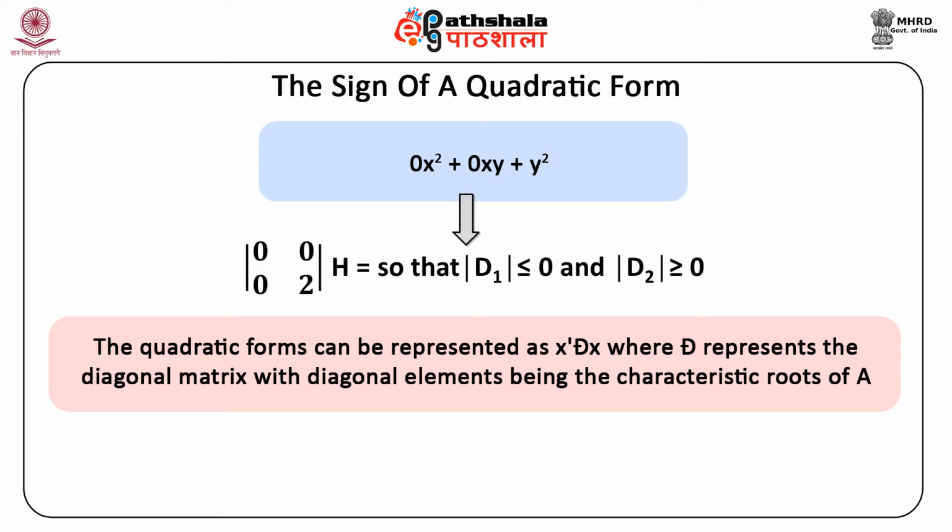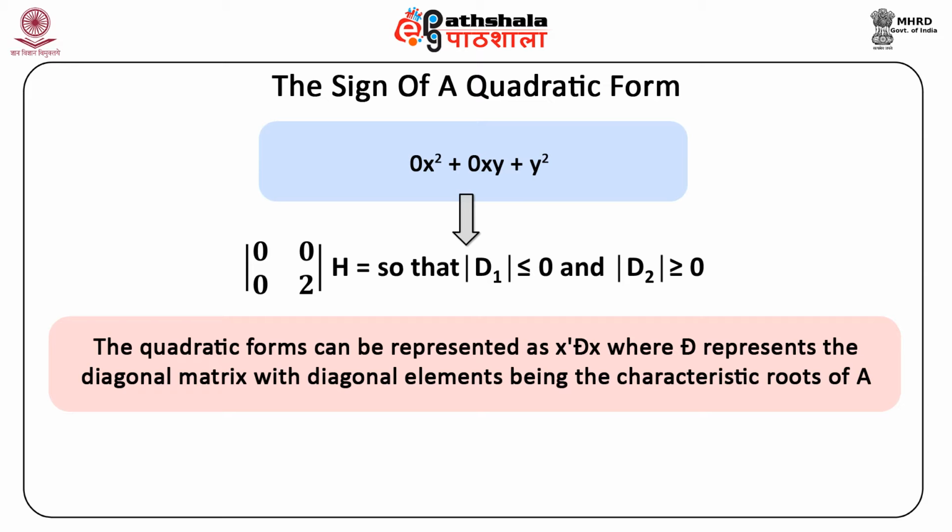As the quadratic form can be represented as x prime Dx, where D is the diagonal matrix with diagonal elements being the characteristic roots of A, an alternative criterion in terms of eigenvalues of the matrix may be given.